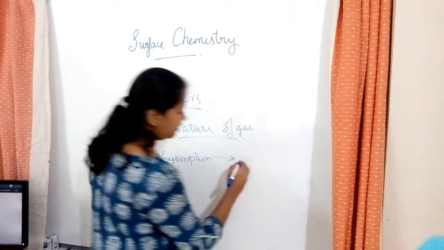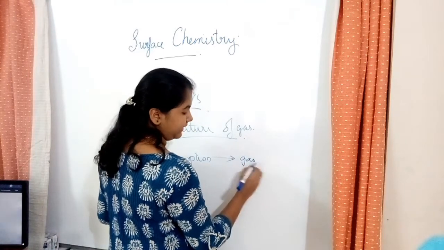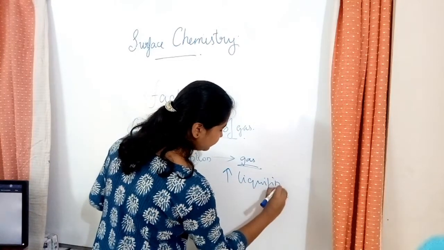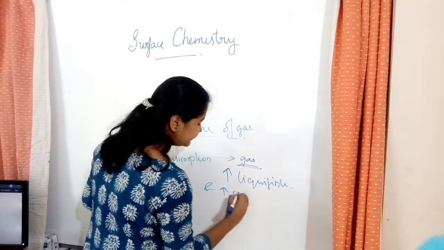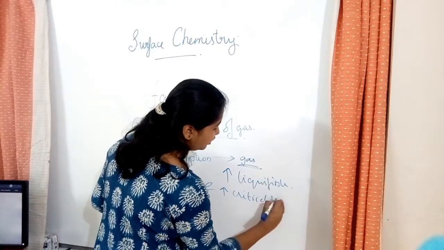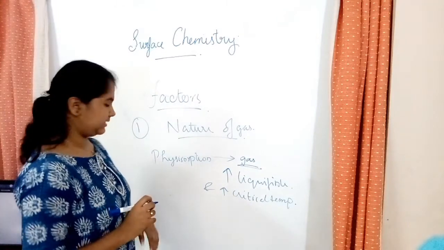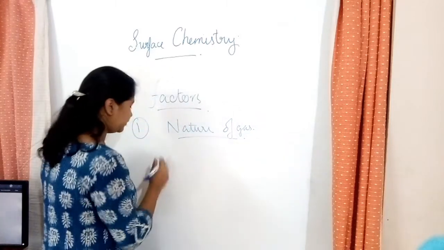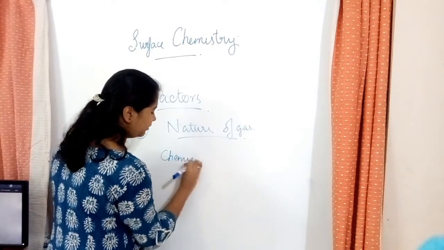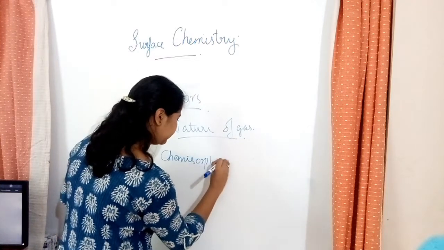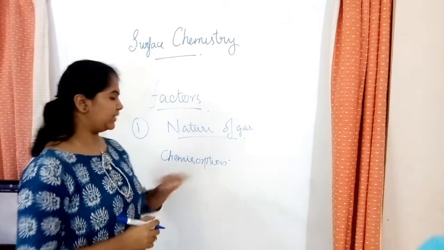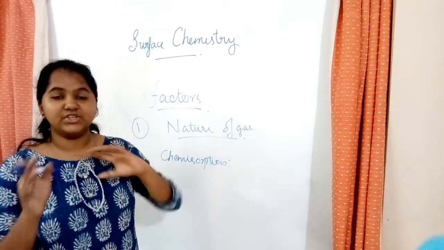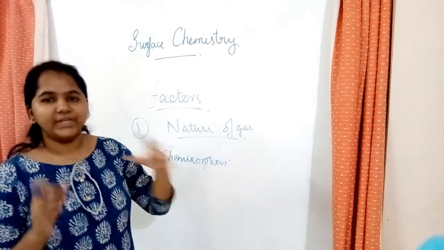what happens is, as I told you, the gases which are highly liquefiable and have high critical temperatures would get adsorbed faster. Next is chemisorption under the same heading, which we also discussed before. For chemisorption, only gases which react or form bonds would get adsorbed.